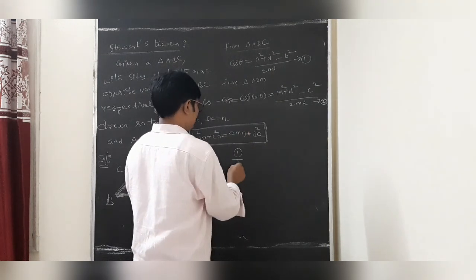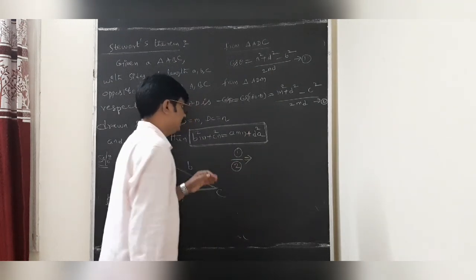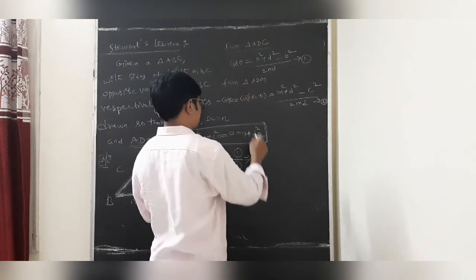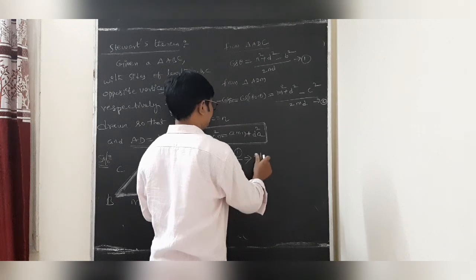So students, we divide one equation by the other: cos theta by minus cos theta is minus 1.